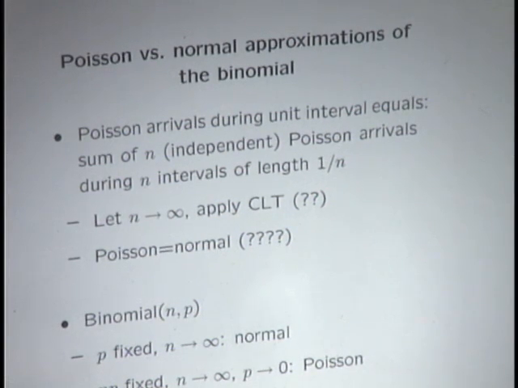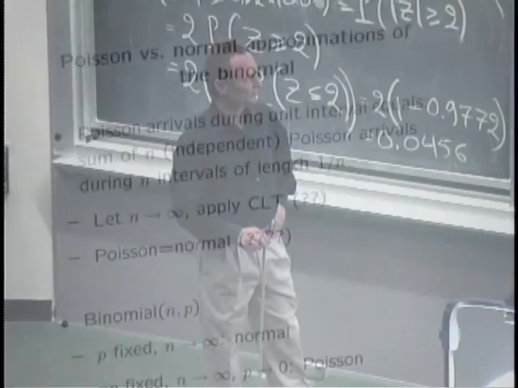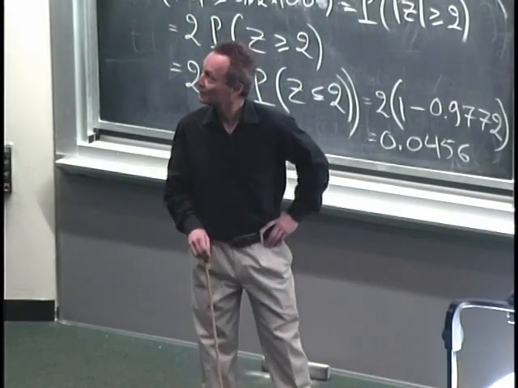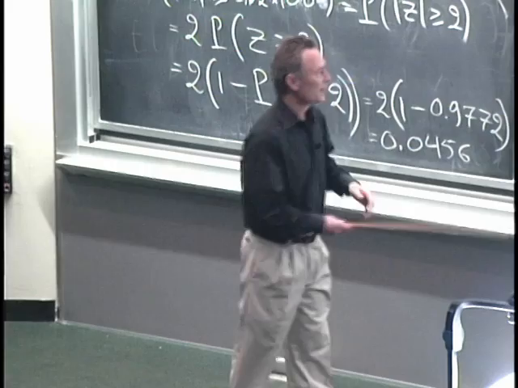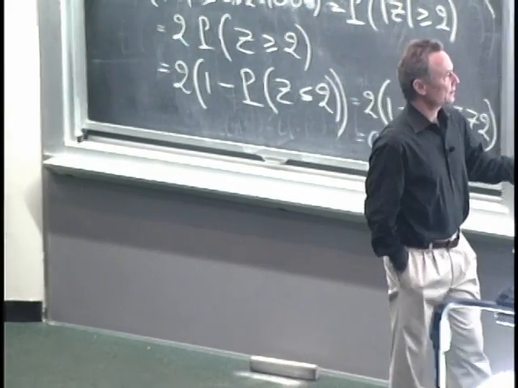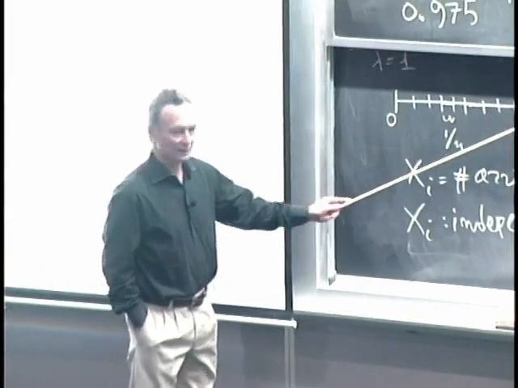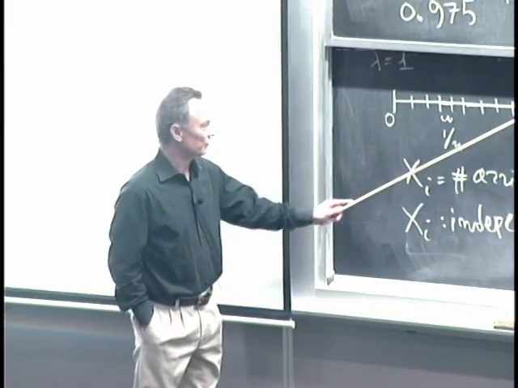Okay, so, but now that still leaves us with a little bit of a dilemma. Suppose that here, essentially, we're adding independent Bernoulli random variables.